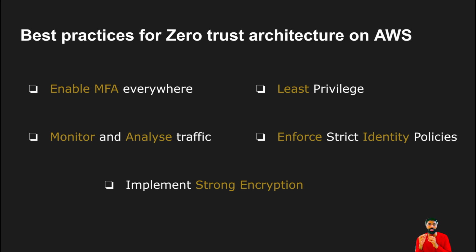The fifth, but not the least, best practice is to implement the strong encryption. And to do that, you can use services like AWS KMS, which helps you encrypt all the sensitive data in transit and at rest. And you can especially use customer managed keys from AWS KMS to have the improved security.